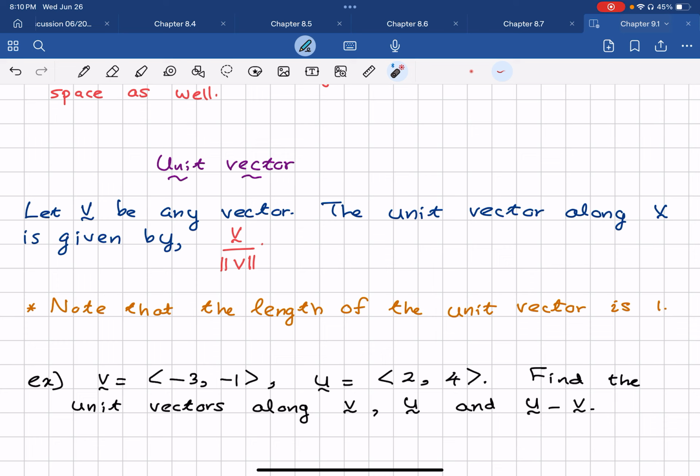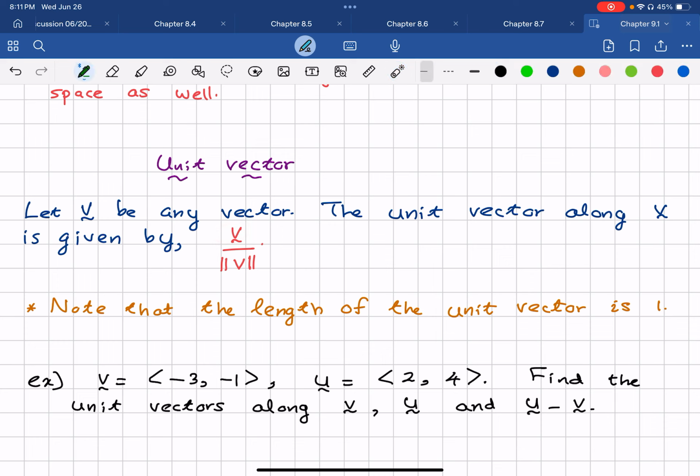Okay, so suppose I give some vector for you, then you can find a unit vector along the given vector. Suppose v is any arbitrary vector, then we can define the unit vector in the direction of v by this. So what you have to do is divide the given vector by the norm of that vector.